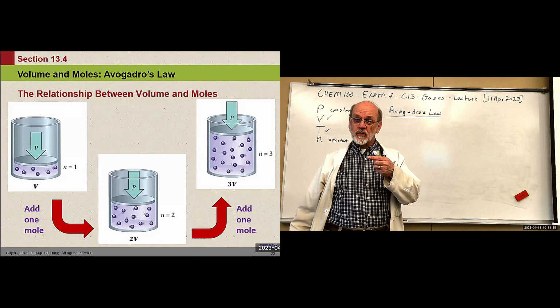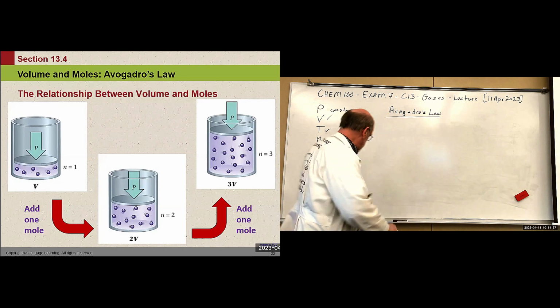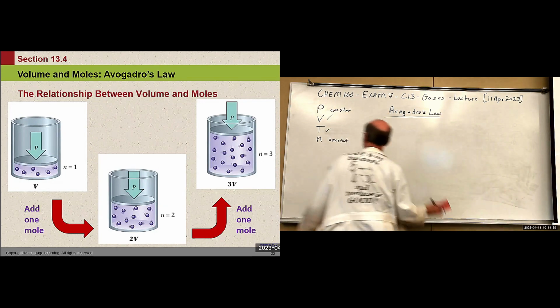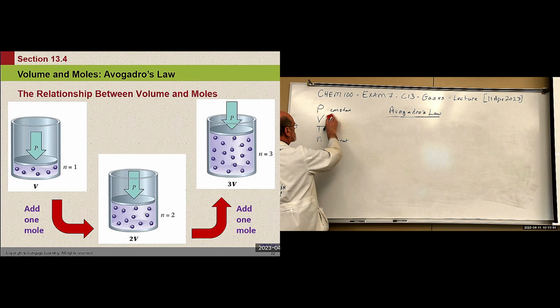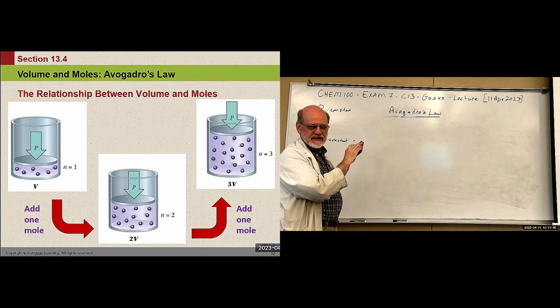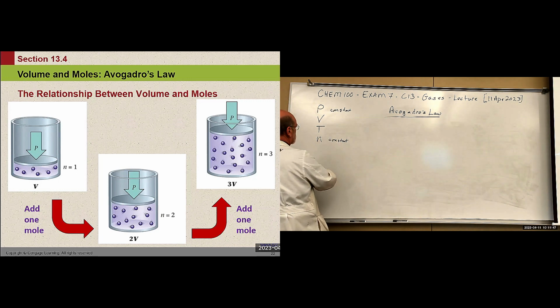What Avogadro said was, if you let volume and moles vary, then pressure and temperature must be maintained as constant.